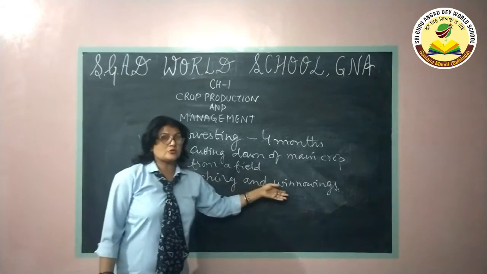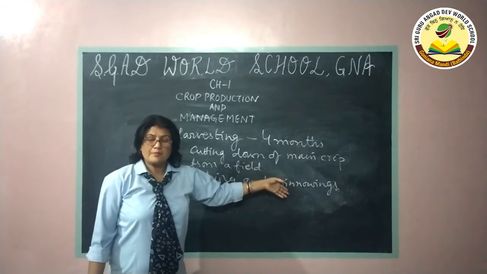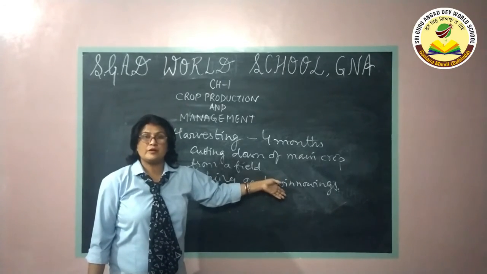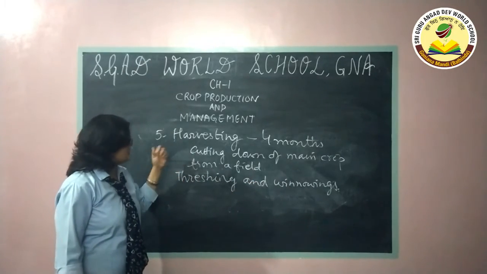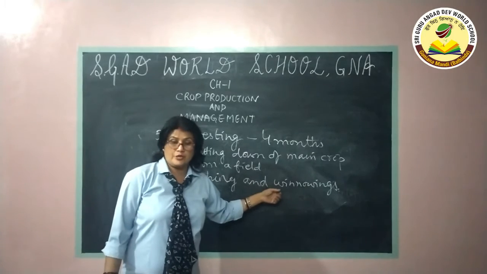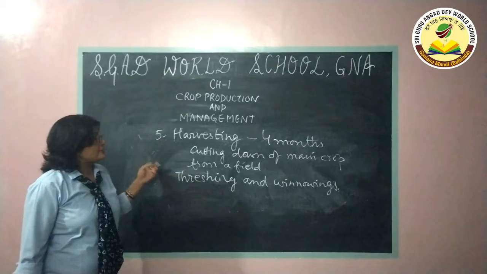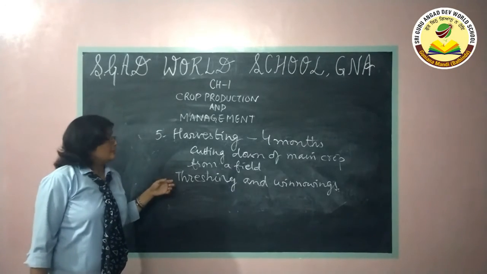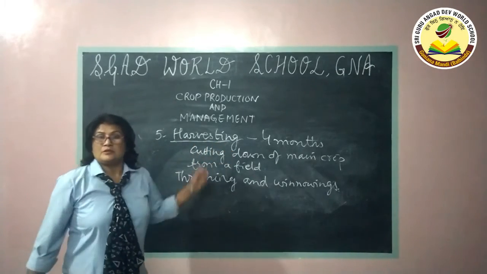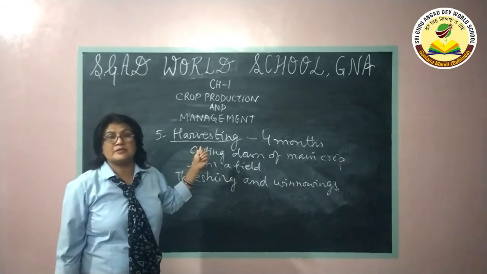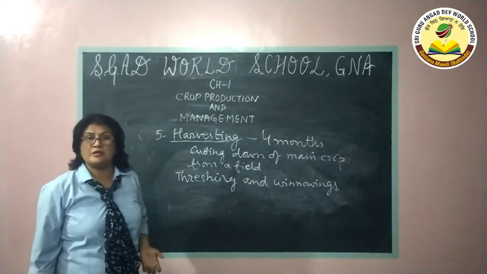And winnowing is cleaning off the chaff from the main grain with the help of air. These are the two processes related to harvesting, threshing and winnowing. After that, we celebrate any festival related to the harvesting of the main crop. One of them is Baisakhi, which falls on 14th of April every year.